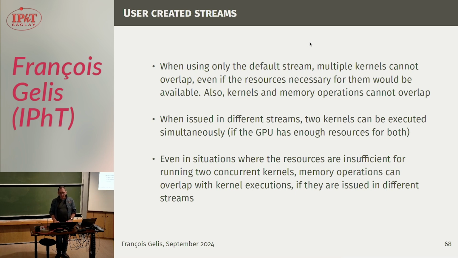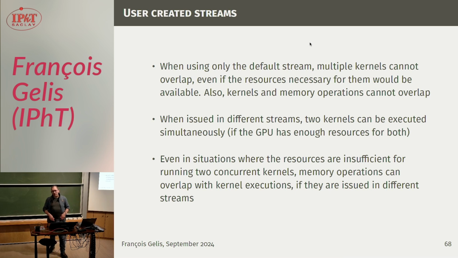Otherwise, presumably, the outcome will be undefined. So this is usually used either to do two computations at the same time, or to do some memory transfer and some computation at the same time.